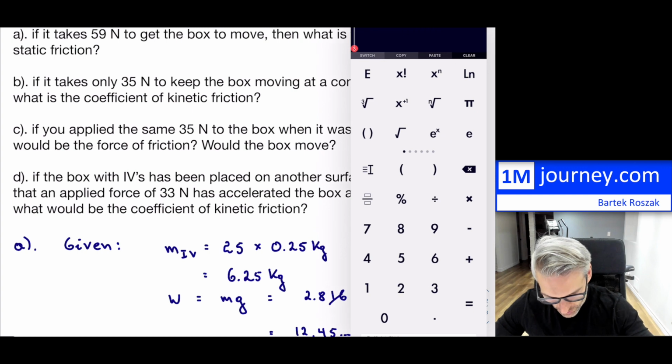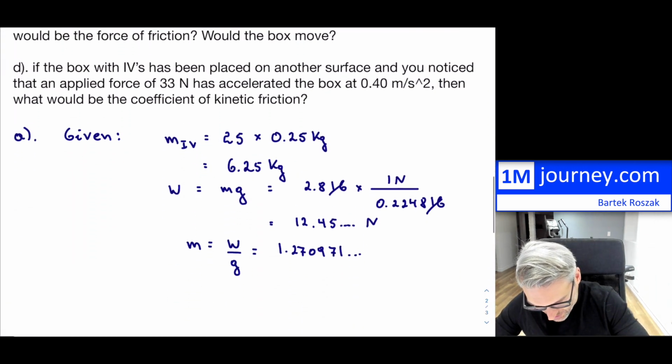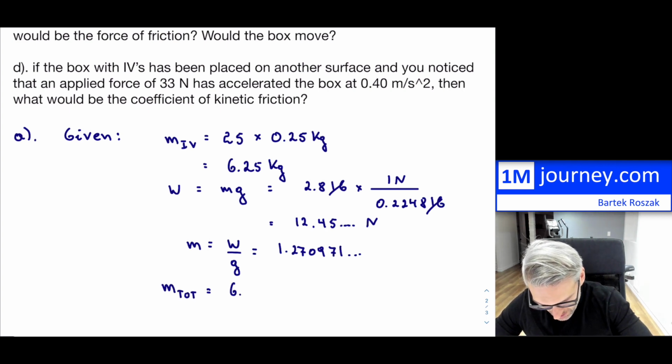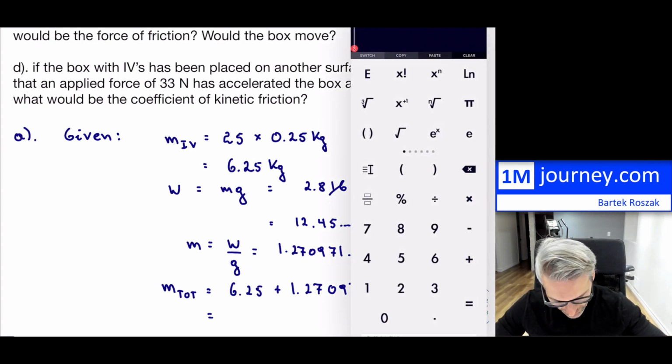All right, so now we have the masses. So my total mass, this was the mass of the box, but my total mass would be the 6.25 plus what we just had, 1.27, etc. And so adding these two things up, I actually erased it.